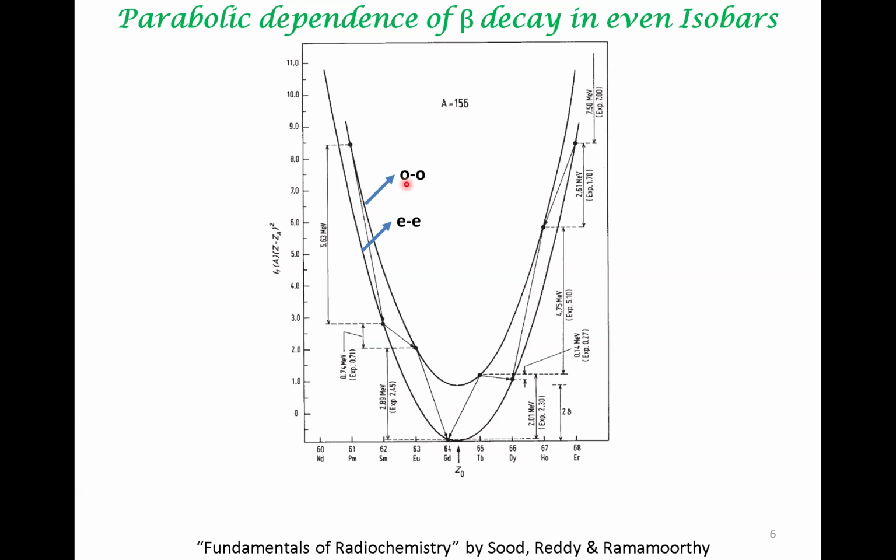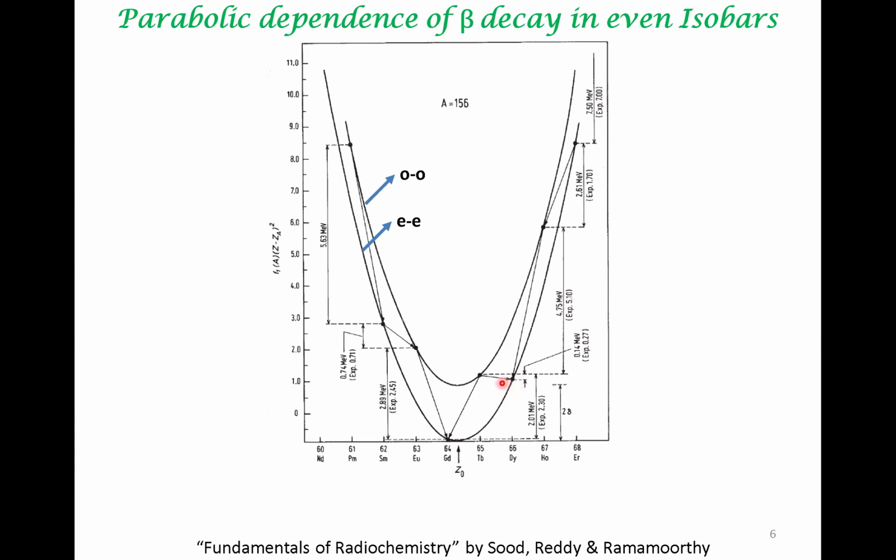Supposing these elements of different atomic number will decay to this. Likewise, these will decay to this. So the one in between has two options for decay. Either it can decay to this element or to this element.